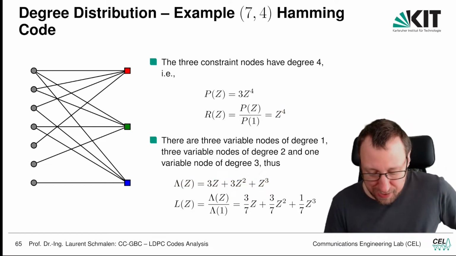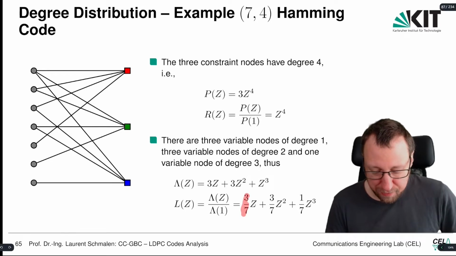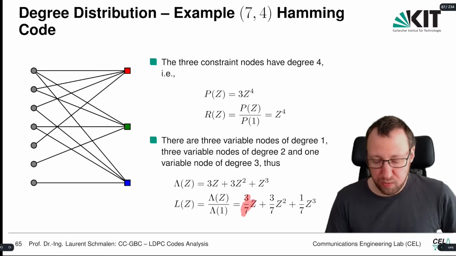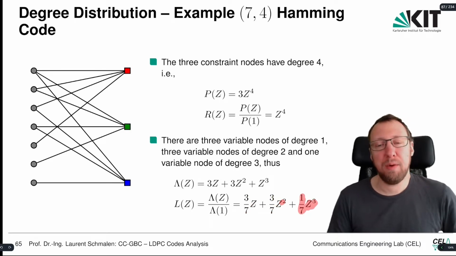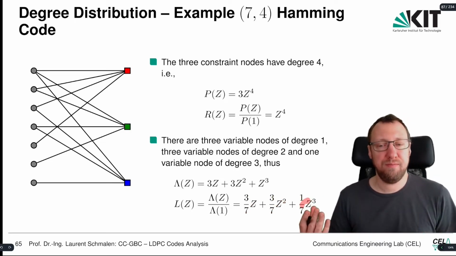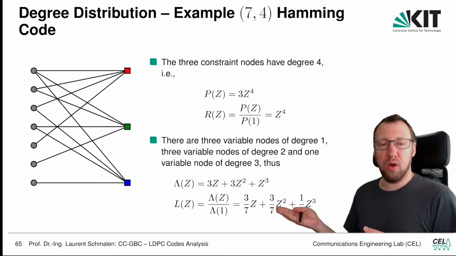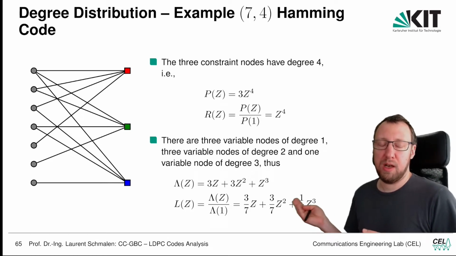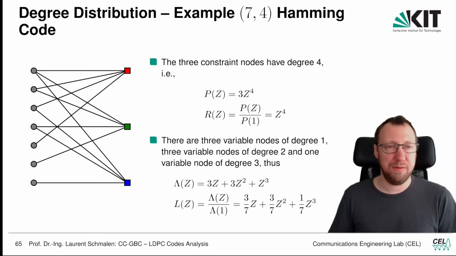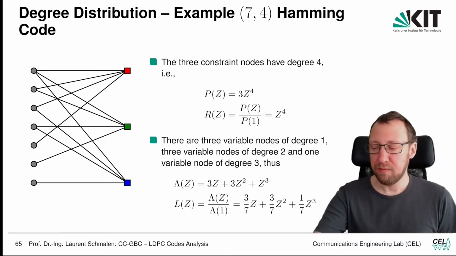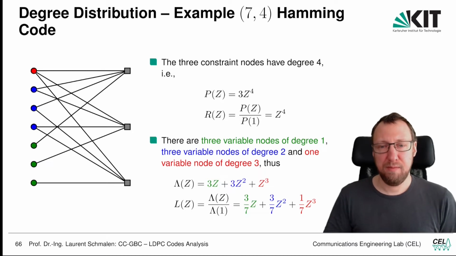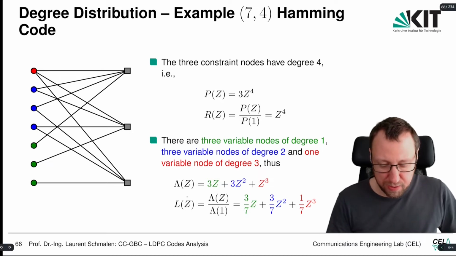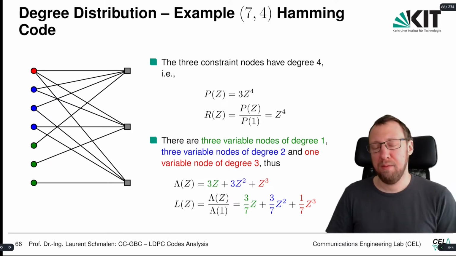That gives us L of Z. So it's 3 out of the 7 variable nodes of degree 1, 3 out of 7 variable nodes of degree 2, and 3 out of 7 variable nodes of degree 3. So that's how we can get the normalized degree distribution from a node perspective, that is called L of Z. Here you can see the different colors. Also, this should be clear by now.